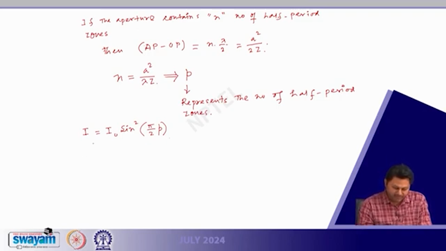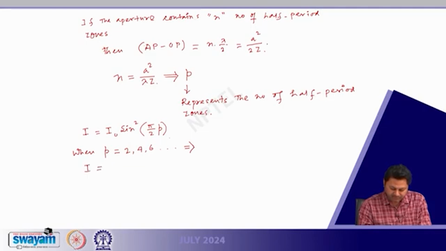Now, we can see from this expression that when P goes to 2, 4, 6 etc., then I is essentially 0.